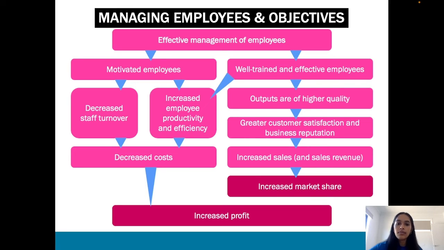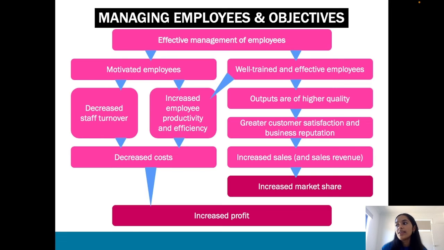They don't want to be spending hours at the bank because the employee doesn't know how to operate the software. If employees are well trained, they're going to be a lot quicker. Customers are going to be satisfied and keep wanting to use CommBank as their bank. So greater customer satisfaction.